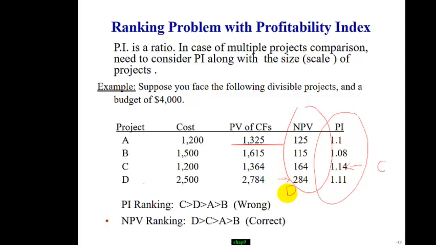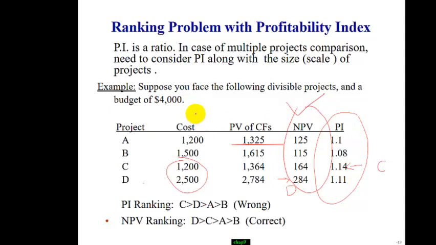D, right? So now we have a different ranking. Which one is correct? NPV is correct. So why does PI rank project C higher than D? In other words, why does NPV rank D higher than C? One thing PI tends to ignore is the size or scale of the investment.